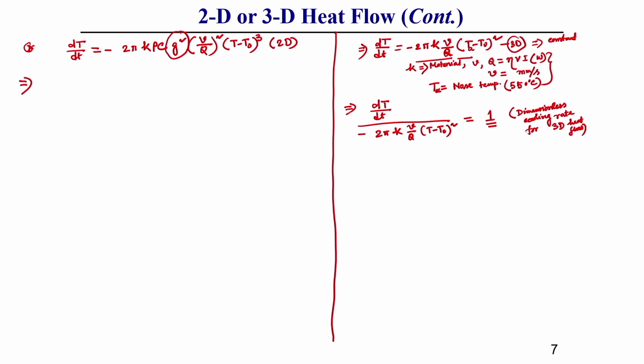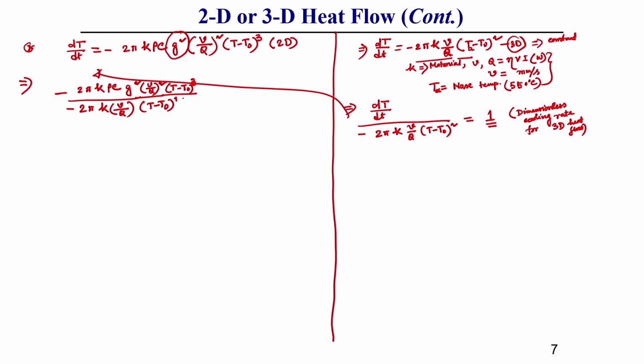So, in the case of the 2-dimensional case, based on this equation, what can you get? You can get 2 pi k rho c (g/(v/q)) whole square, (T minus T0) to the power q, divided by, what are the other things we got, minus 2 pi k v by q (T minus T0) whole square, correct.